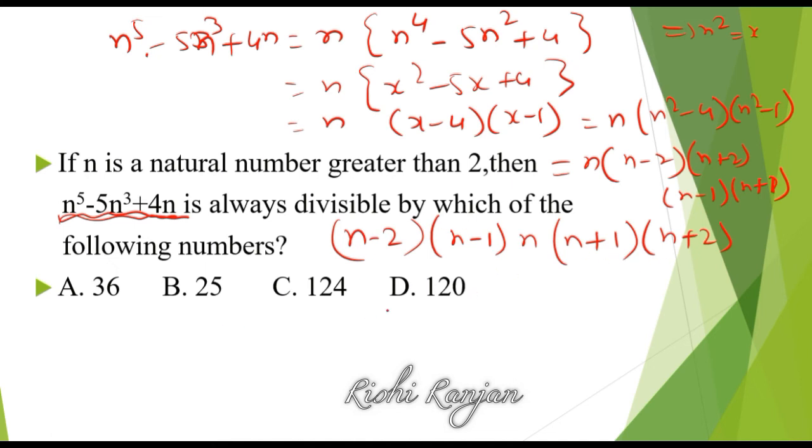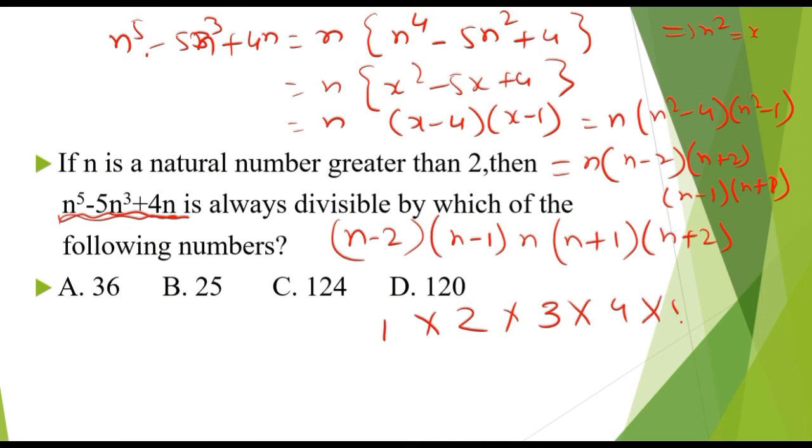In that case, this number will definitely have 1 into 2 into 3 into 4 into 5 inside it, which means it must be divisible by 120. What I'm trying to say is, if the question is like this, first factorize it and arrange it in increasing order, showing that there are some consecutive numbers here.